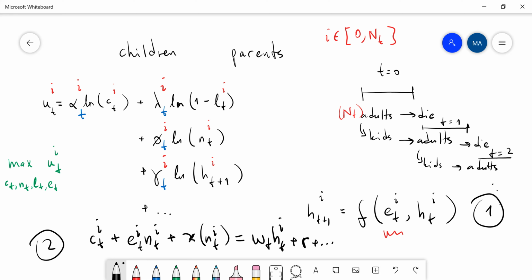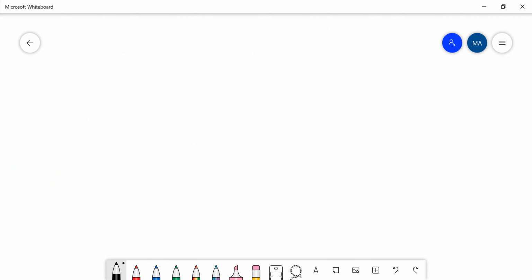So if you solve such a problem, you will find that in general, so if this is the parameter vector, right, of agent at T, so there are all the parameters inside this vector, right?